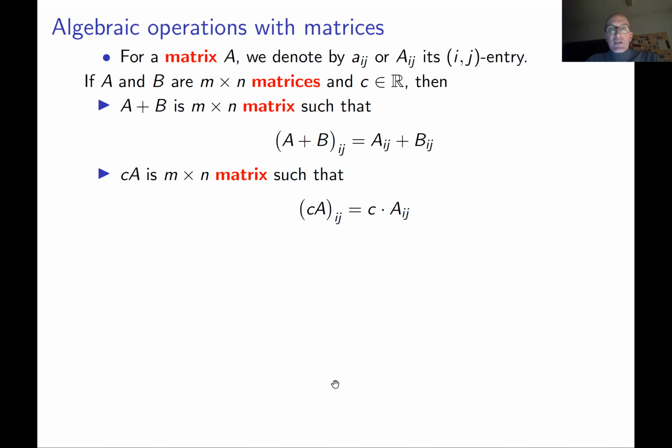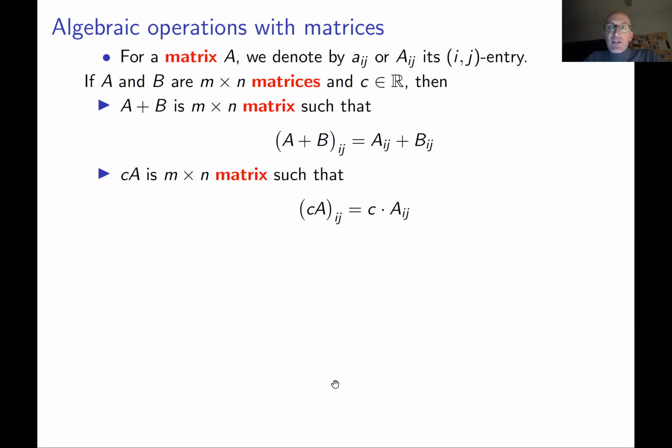If you have two matrices A and B of the same size, m times n, you can add them in absolutely the same way as we added vectors. You add corresponding entries and form a new matrix out of this.